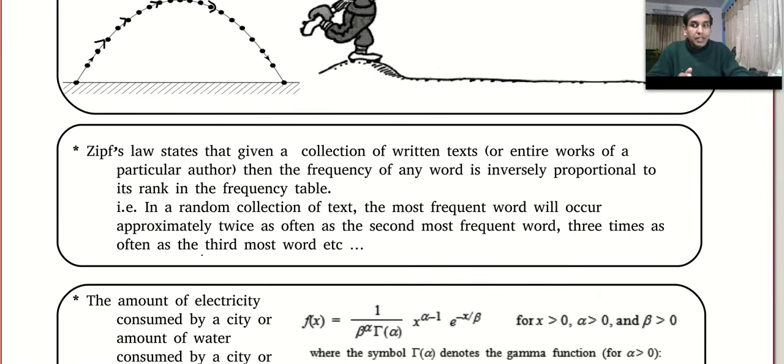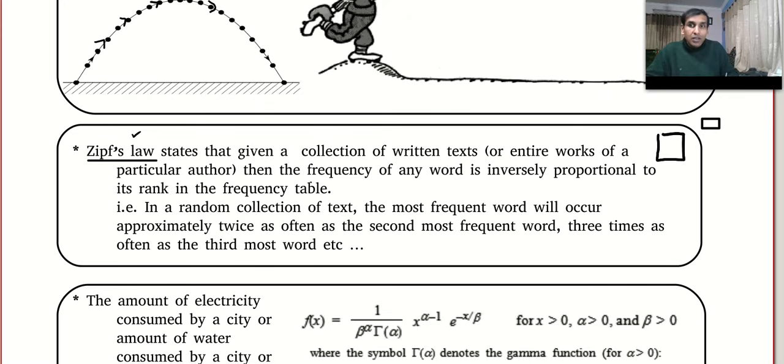Similarly, I'll give you another example, and that is really interesting, and I will encourage you to read about this thing. That is called Zipf's law. This tells you: take any random book, or even a random web page, and arrange the words in the book according to the number of times each repeats.